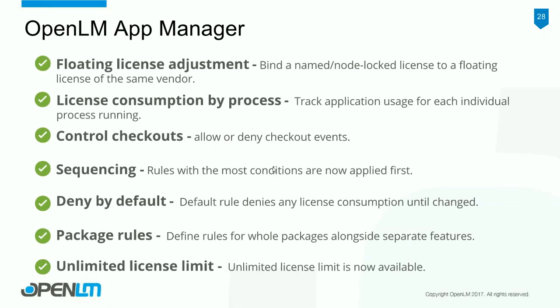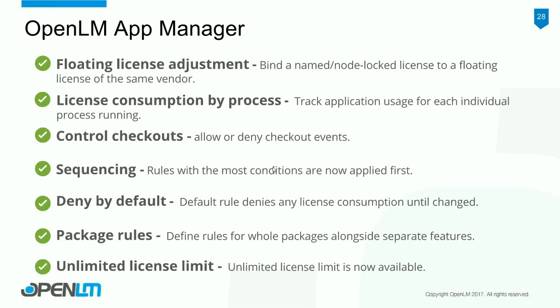So first of all, a few words on the OpenLM App Manager. The OpenLM App Manager allows you to monitor hybrid licensing, meaning you'll be able to monitor floating licenses as well as named licenses, node-locked licenses, and you'll be able to track both of them together using the App Manager.